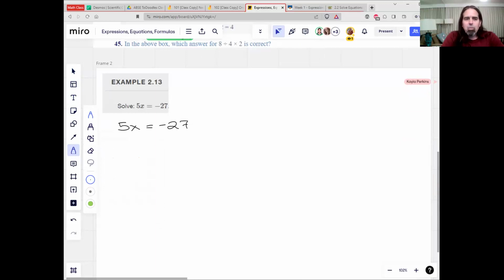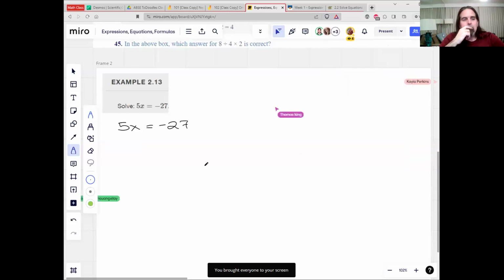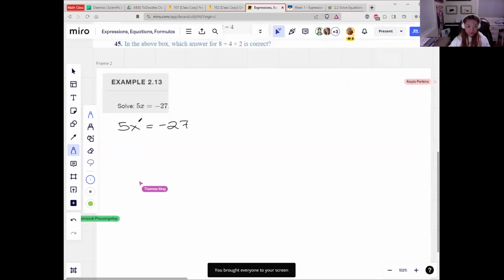So I have 5 somethings, and together they're negative 27. How would I find out what each of those somethings is? We can move 5 and divide 27 divided by 5.